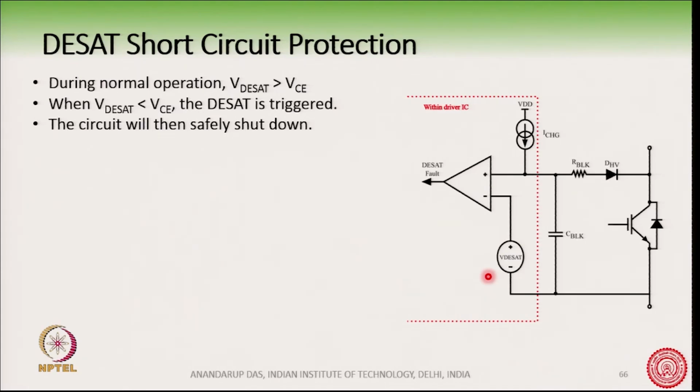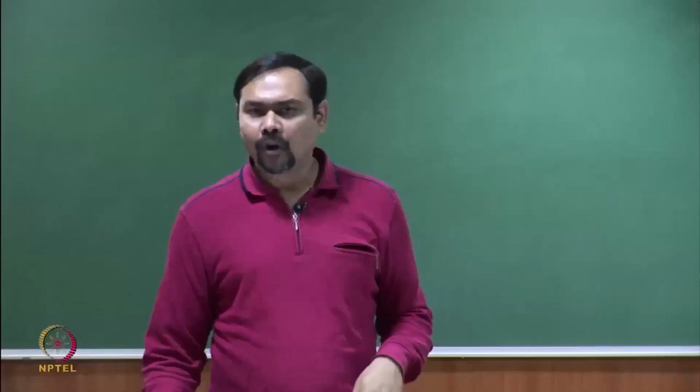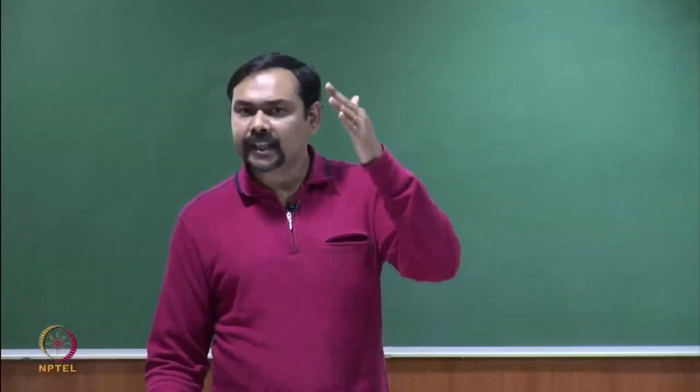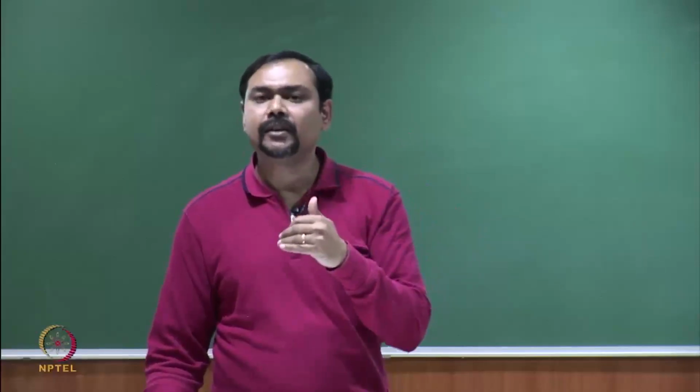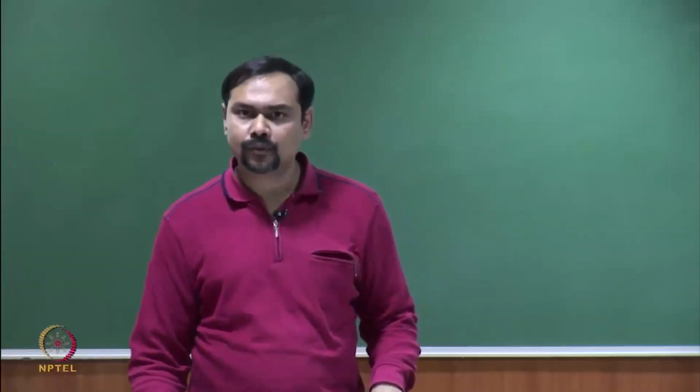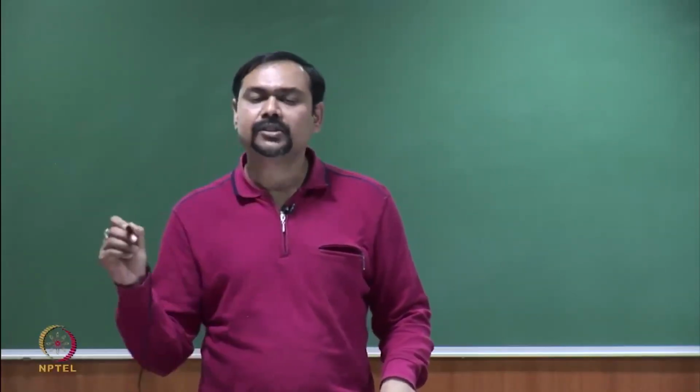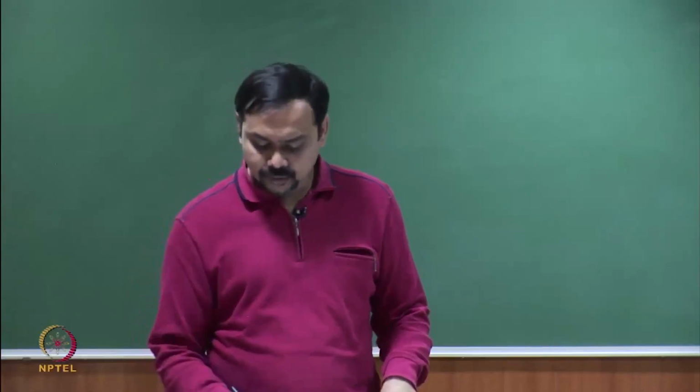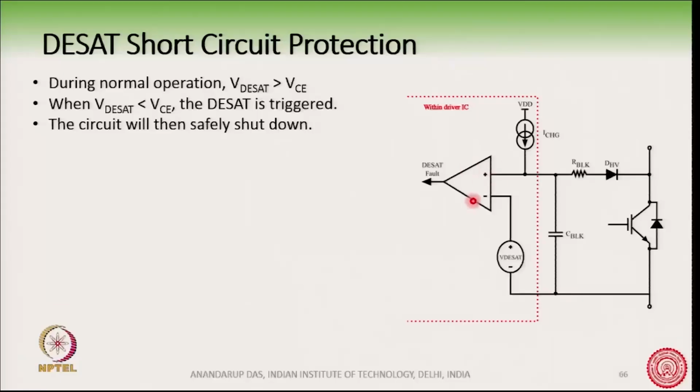Every time the device turns on, it moves from 600, crosses through 7 and moves to 2 volts. Every time it crosses close to 7 volts, this op amp will be triggered, which we do not want. We want the DSAT protection to only work when the device has been fully turned on and afterwards if there is a short circuit.